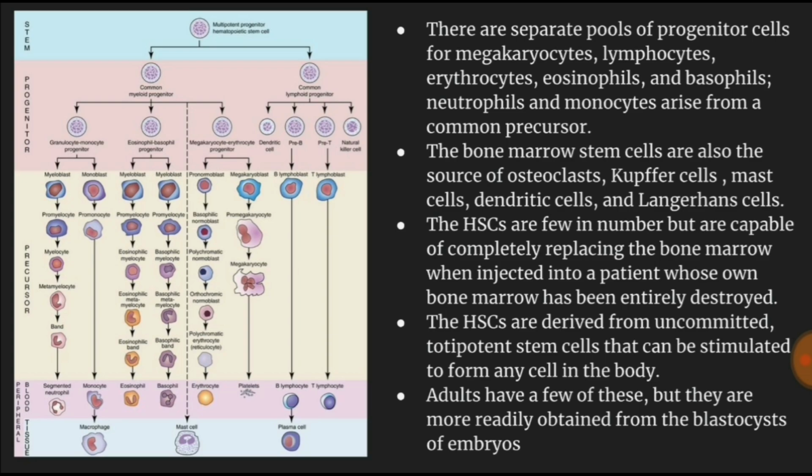That fertilized zygote gets divided, the cell gets divided each and every time by the process of cell division, and as the cells keep forming, a stage of blastocyst is formed. This blastocyst gets converted into an infant because of the continuous cell division that is happening. So blastocysts are obtained in the embryos. That is what they have described about the bone marrow.